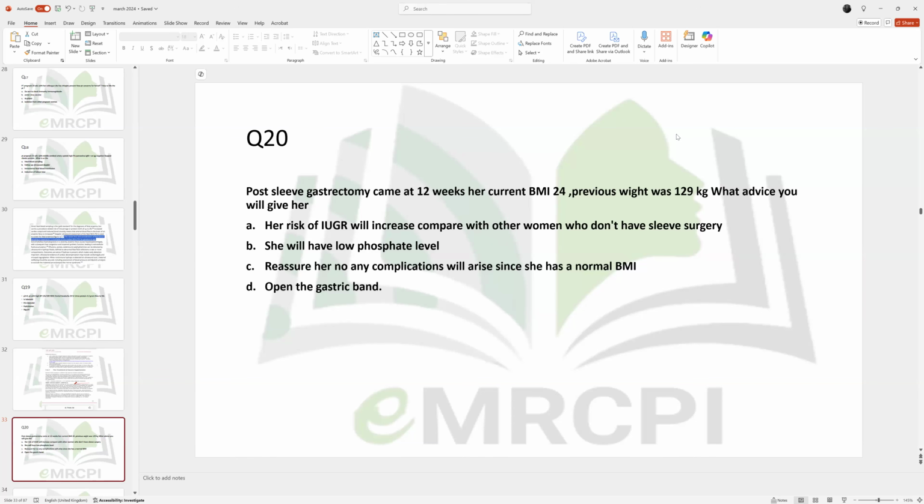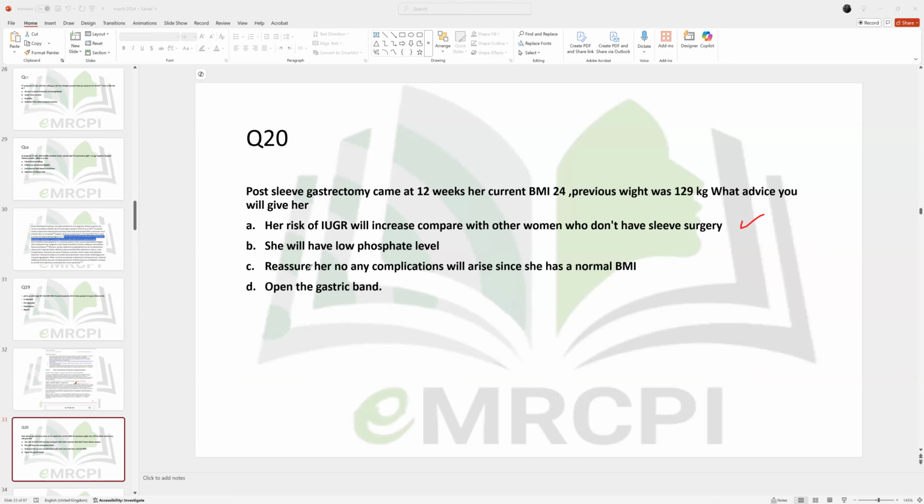Is pregnancy after bariatric surgery associated with risk of IUGR or small for gestational age or not? Yes, it is associated with small for gestational age, of course, compared to a woman who doesn't have sleeve surgery, right?